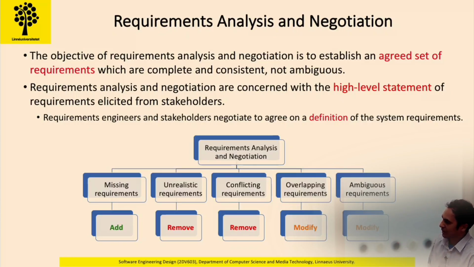For missing requirements, you simply add them to your requirement set. For unrealistic and conflicting requirements, you remove them, because they are unrealistic and they are conflicting with each other. And for the overlapping and ambiguous requirements, you modify them and keep them in your requirements pool. So these are the actions for different types of requirements problems.